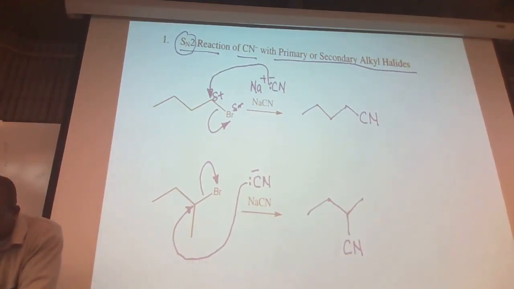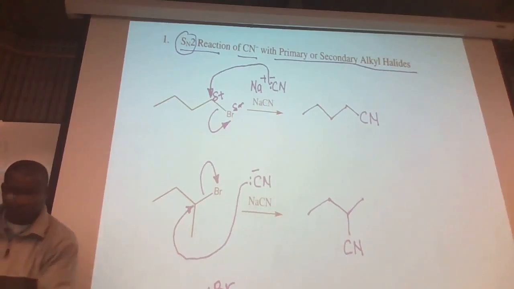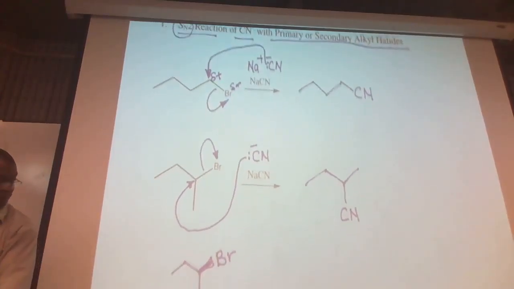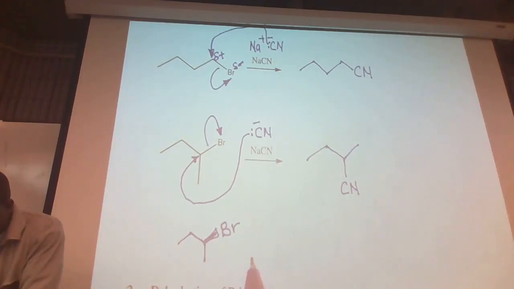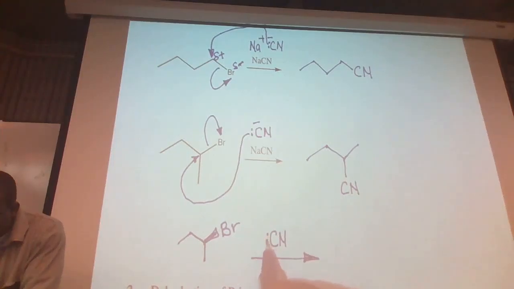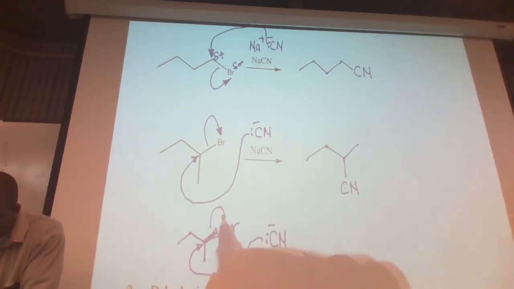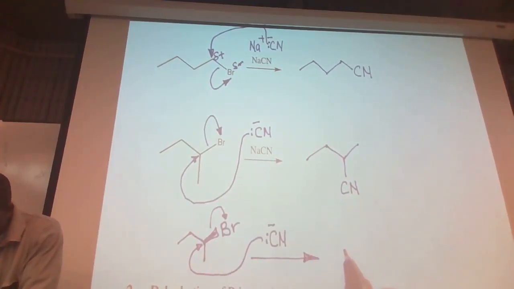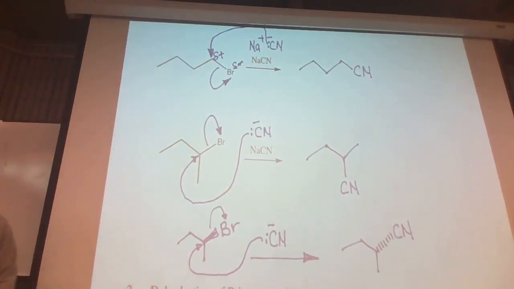So if you have a chiral center, as in this example here, and the chirality is shown, when you draw your product, it's going to occur with inversion of stereochemistry. Okay, so please note that.